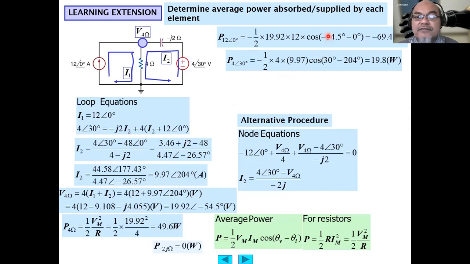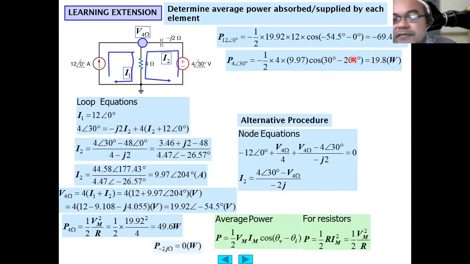The cosine of the phase angle difference is 30 degrees minus 204 degrees. 30 degrees is the angle of the voltage, and 204 is the angle of the current here.